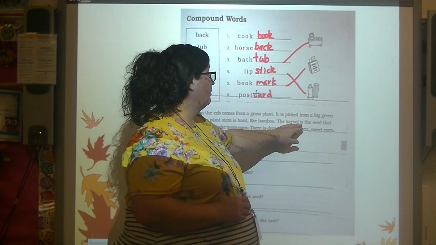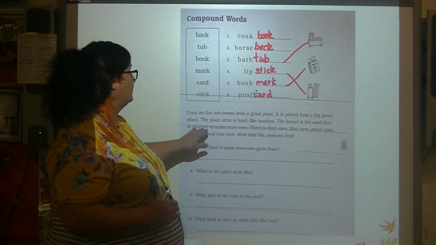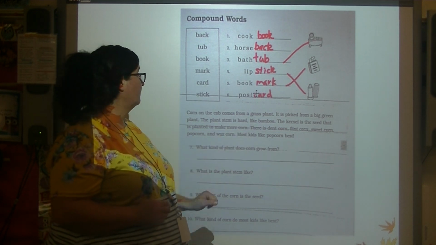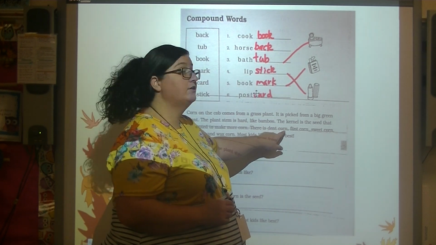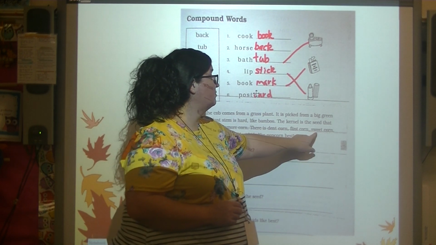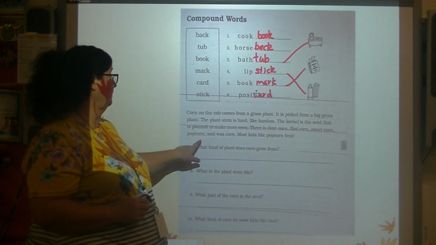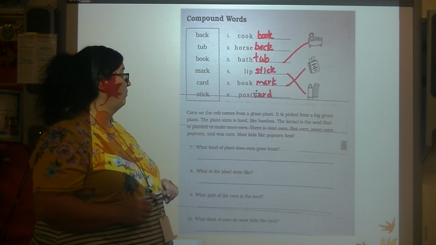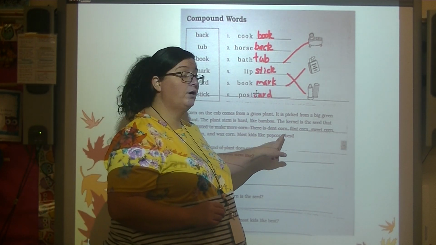The kernel is the seed that is planted to make more corn. There is dent corn, flint corn, sweet corn, popcorn, and wax corn. Most kids like popcorn best.